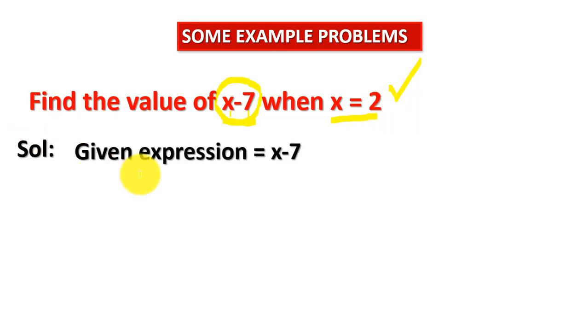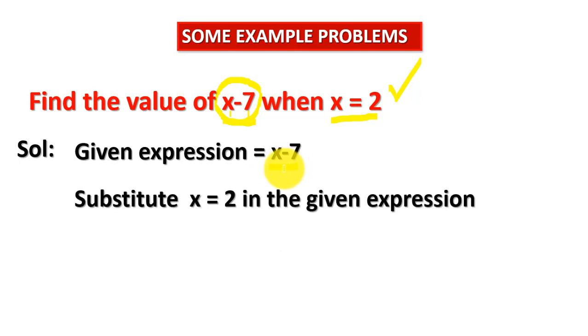Solution. Given expression equal to x minus 7. Substitute x equal to 2 in the given expression. That is x minus 7. In place of x, I am substituting 2, minus 7. 2 minus 7, in the sense, already before video also we discussed about that.